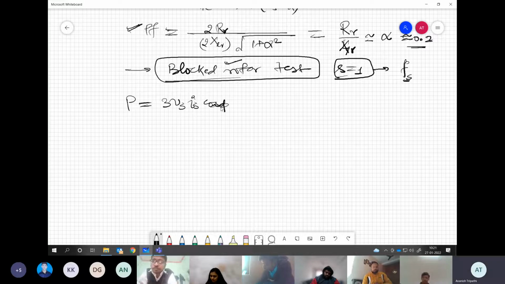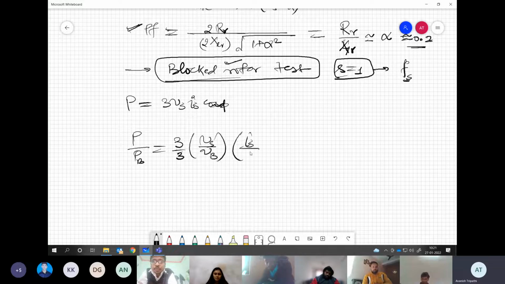And for uniformity, let us take the per unit value of this also. So P divided by P base, which is basically 3. So here also 3 will come, Vs by V base, Is by I base, and cos phi, which is basically V per unit, I per unit, and cos phi.